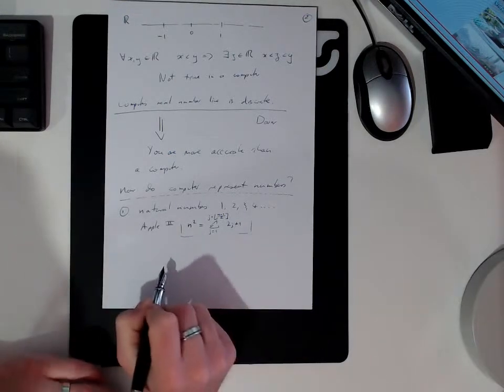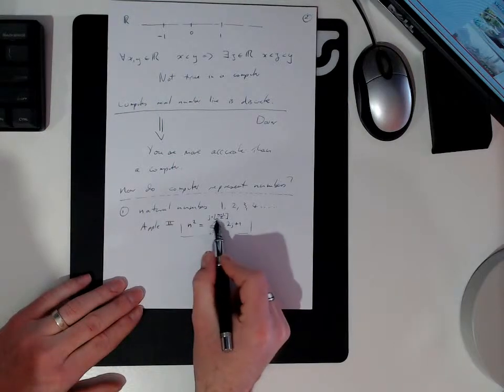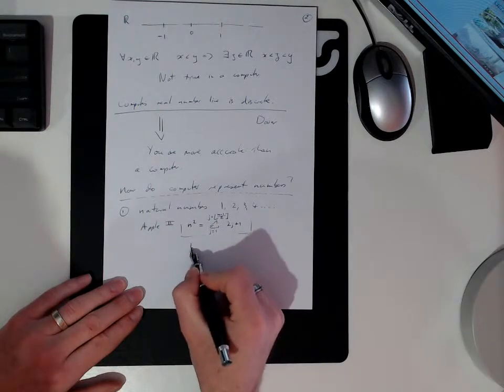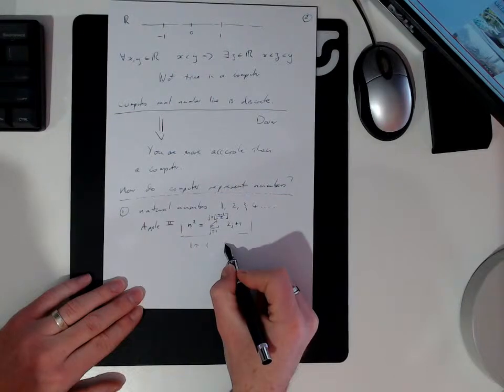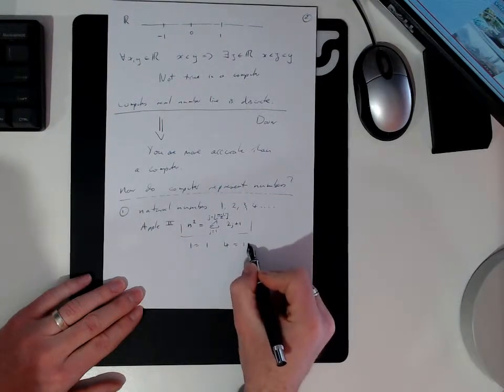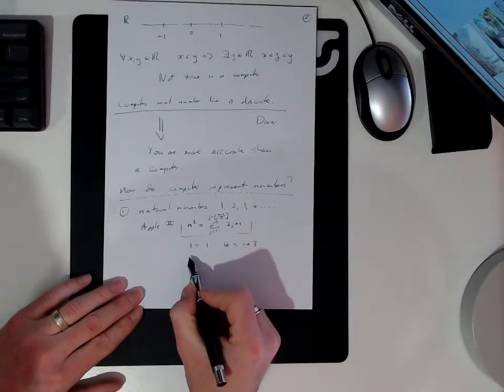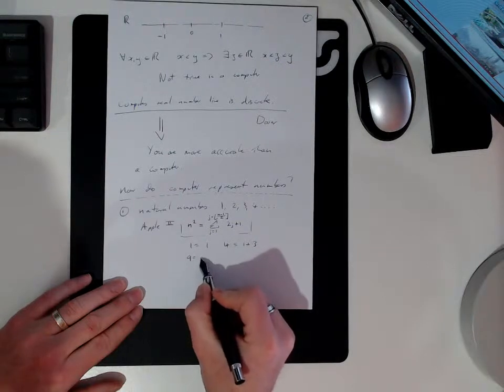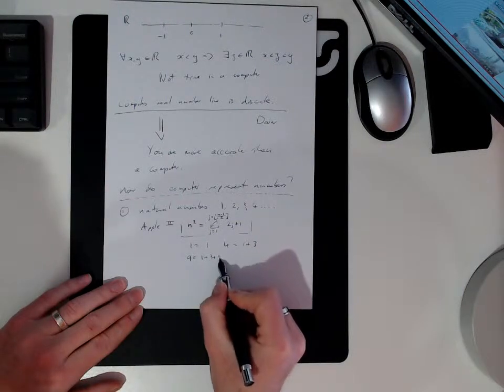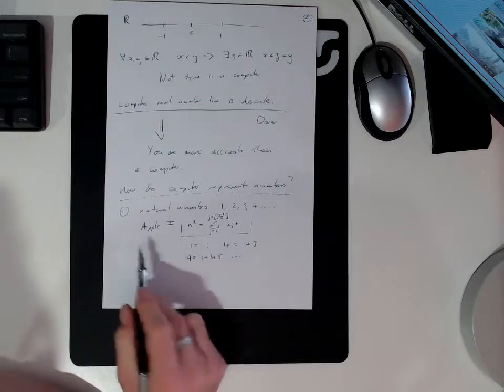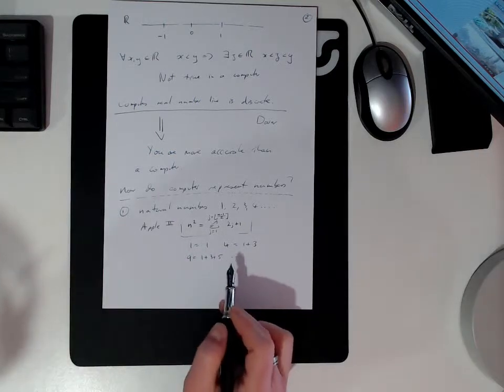You can prove that. So this is the sum of the odd numbers up to n. So 1 is equal to 1. 4 is equal to 1 plus 3. What's the next one? 9. 1 plus 3 plus 5. Right, and so on. So this is used in integer arithmetic, so it's exact.